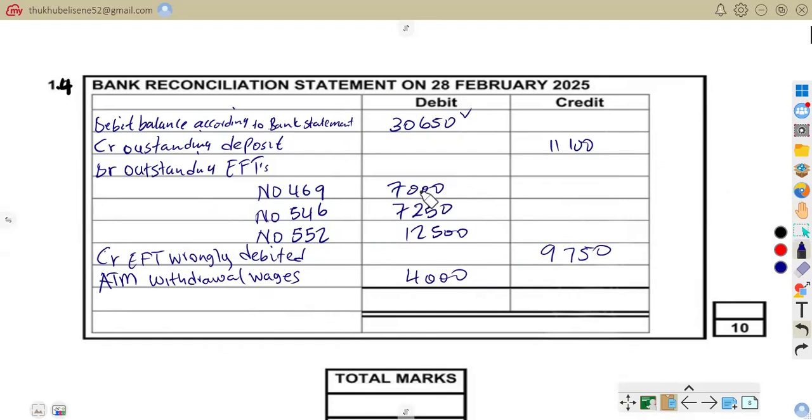When we add this debit side and subtract the credit side, we add this together and then minus the other side. Then we are going to get 40,550.